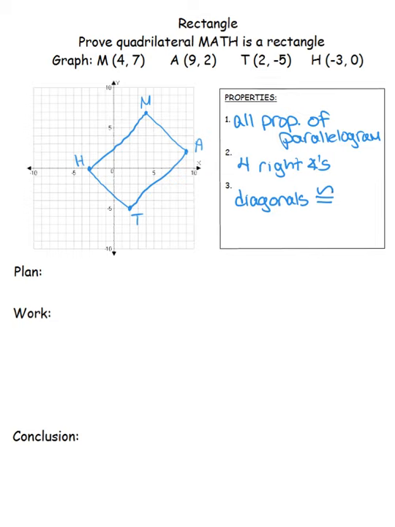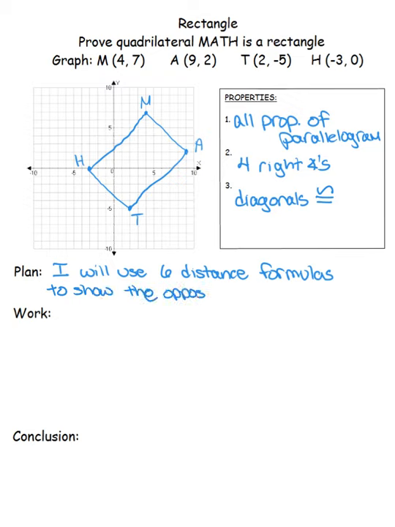So, again, when we start our proof, we have to write a plan. What are we going to do? So you're going to write out, I will use 6 distance formulas to show the opposite sides are congruent and the diagonals are congruent.